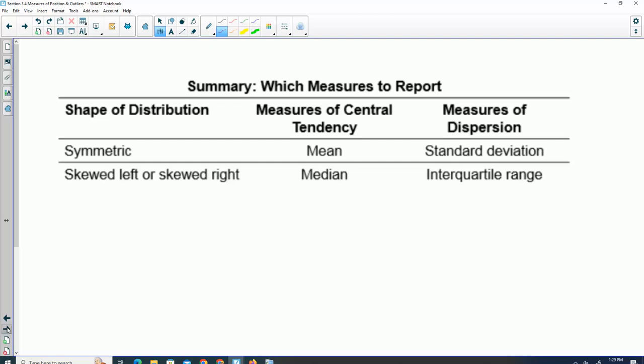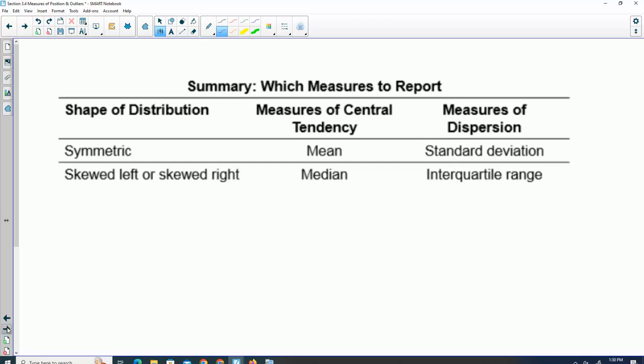So if you have symmetric data, your mean and standard deviation is the best option for describing your data. But if your data is skewed, either left or right, the mean and standard deviation are no longer very accurate. So in the case where you have skewed data, your median and your interquartile range are going to be better.